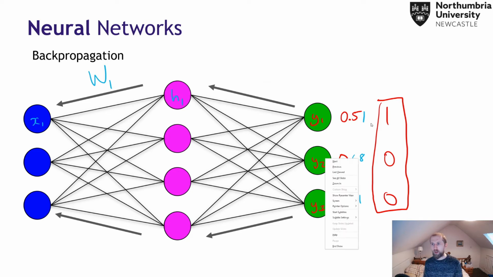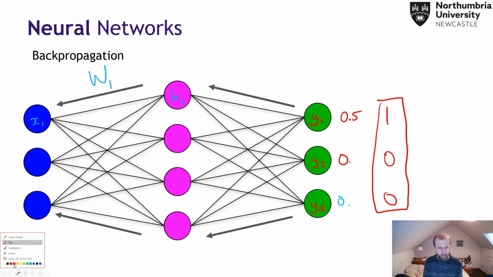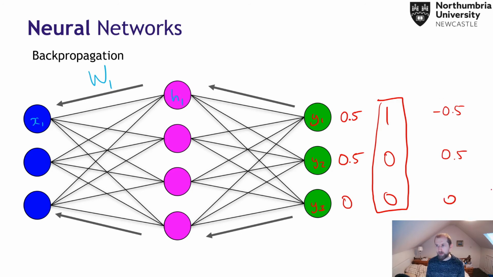So if I go back to my original outcome, if we have 0.5, 0.5, 0, and we should have 1, 0, 0, we're just going to take the difference between these two vectors, which is going to be minus 0.5, 0.5, 0. We're going to take that difference, and if we're doing L1 difference, then we're going to want to do the modulus of these. So this then becomes 0.5. This is explained in the vectors, matrices, and tensors video.